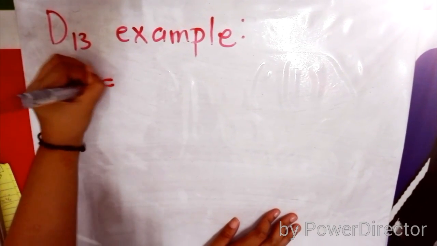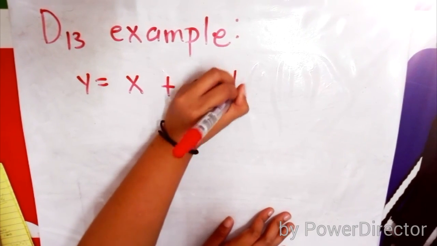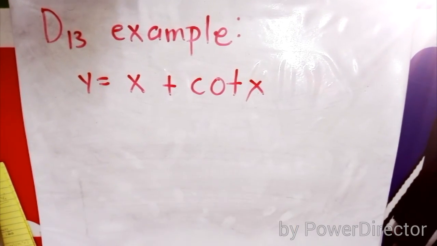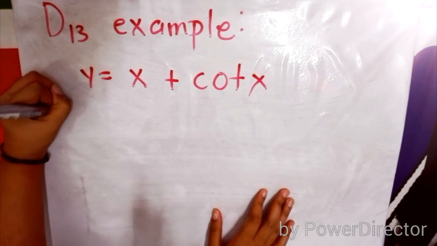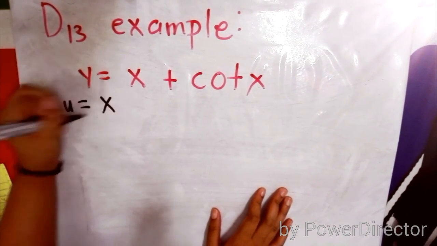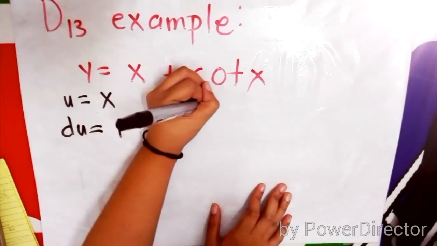For another example, y is equal to x plus cotangent x. First, in this equation, we need to find the u and the v, the derivative of u and the derivative of v. U is equal to x, and the derivative of u, which is the derivative of x, is equal to 1.